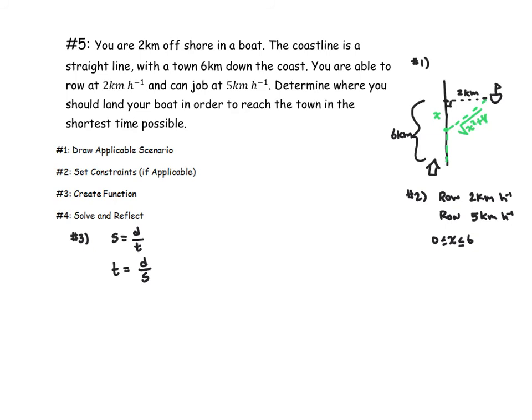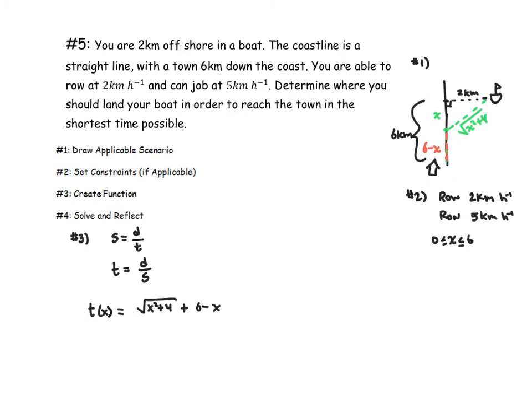So time in this case would equal our distance. What is our distance? We're going to travel along that green line, the square root of x squared plus 4, plus, what would this length be? The green length would be 6 minus x. So plus 6 minus x.